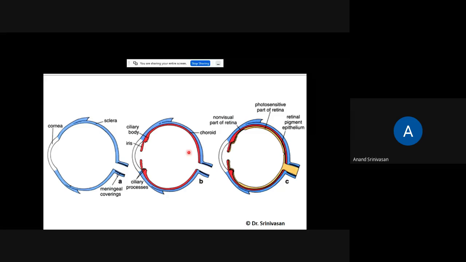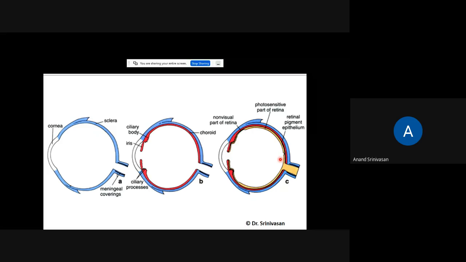Whenever the vision comes, it passes first through the cornea, then through the pupil, which lies between the two irises, and then it falls onto the retina.